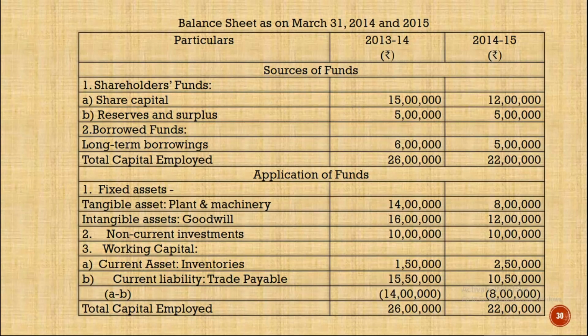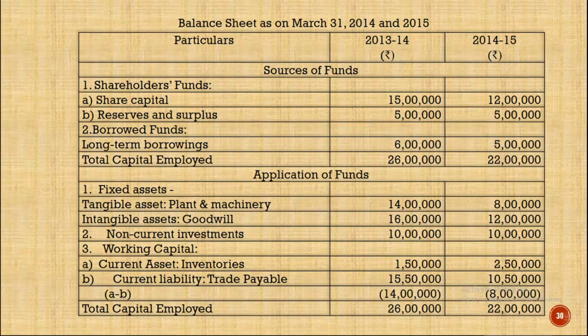The amount of total capital employed is same for sources of fund and for application of fund for both the years. That is, in 2014, it is 26 lakh, and in the year 2015, it is 22 lakh.